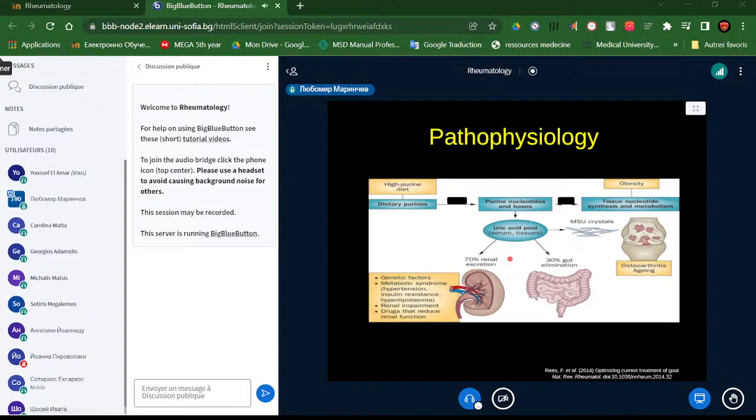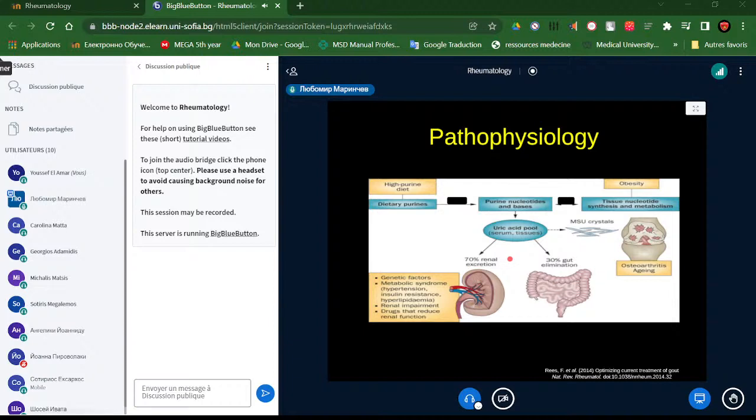Gout occurs when monosodium urate crystals form under physiological conditions, when its concentration exceeds its solubility over 6.8 milligrams per deciliter, or 420 micrograms per liter.